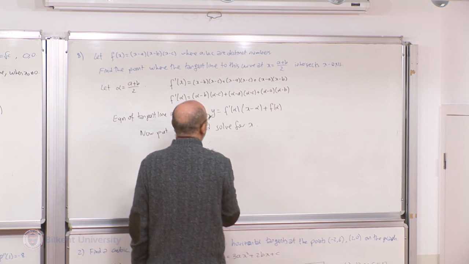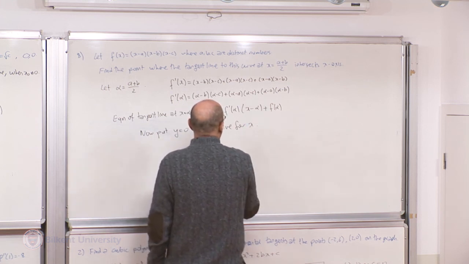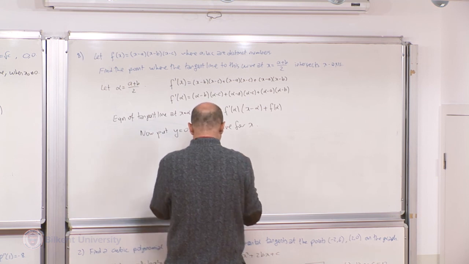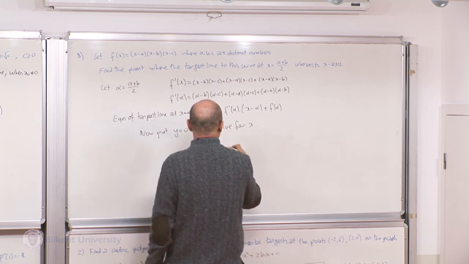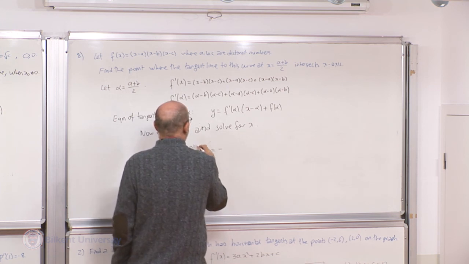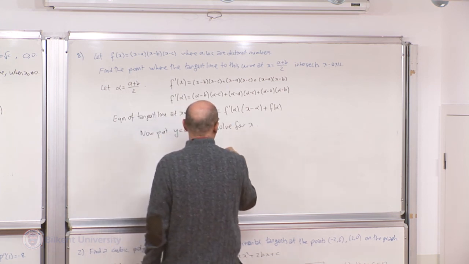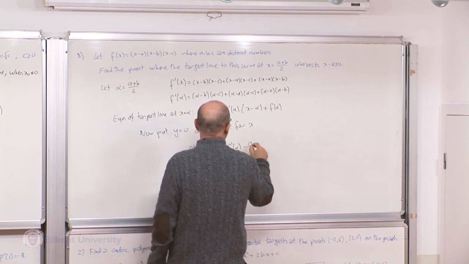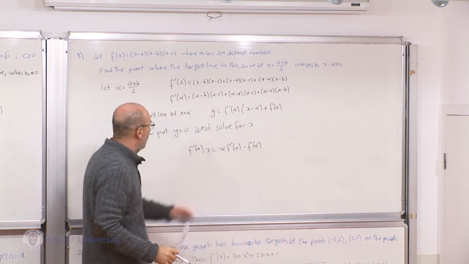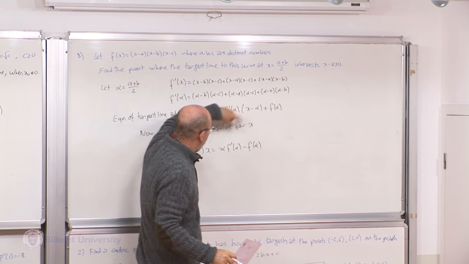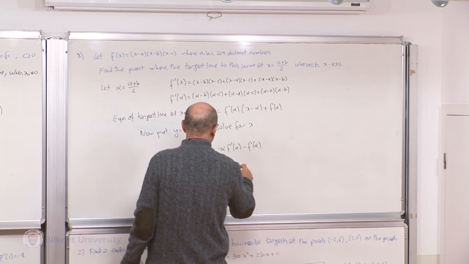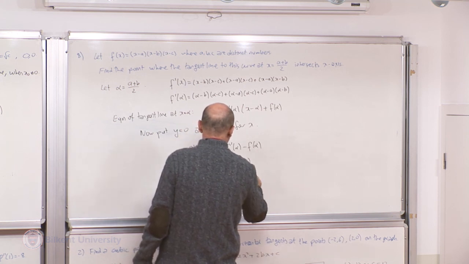I have f prime alpha times x, and plus alpha times f prime alpha minus f of alpha. I keep this here and send the others to the other side. So x is equal to alpha minus f of alpha over f prime alpha.